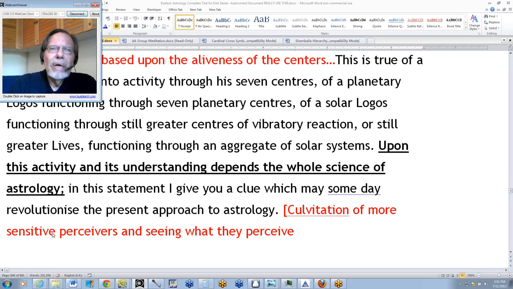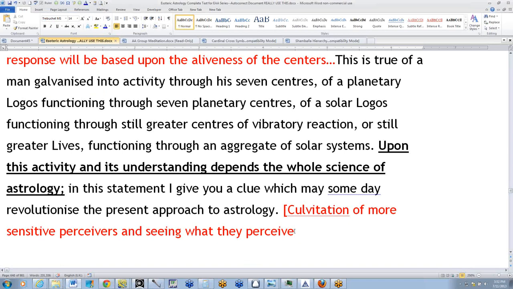We may even be able to determine which chakras are particularly open and alive, and then analyze what is the registration of a particular energy, and see that the lower type will only register a small span of that energy, and with increasing aliveness in the centers and in the type of human being involved, there will be a registration of a greater span of energies associated with that particular sign or constellation. So he gives us hints, and these hints are to be developed in time when the time is right.